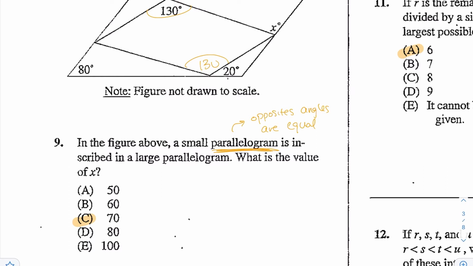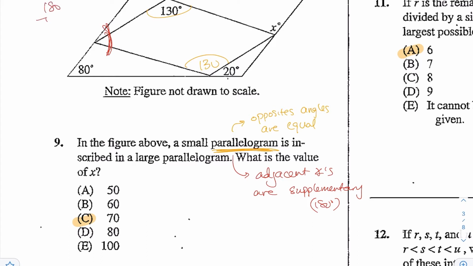And now, the other thing that you can use for parallelograms is that adjacent angles are supplementary, which means they add up to 180 degrees. So this angle plus that 130 has to be 180.